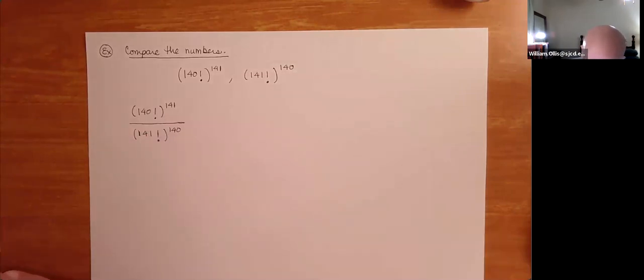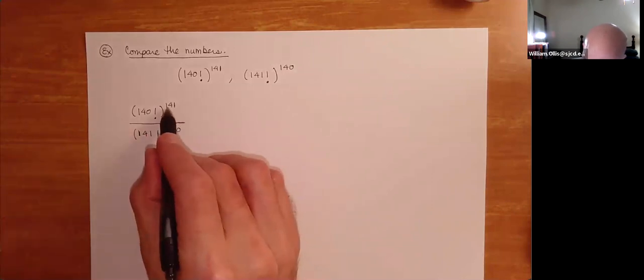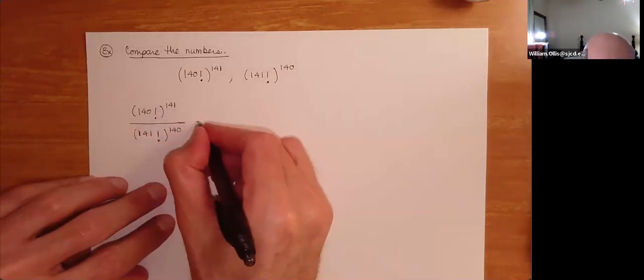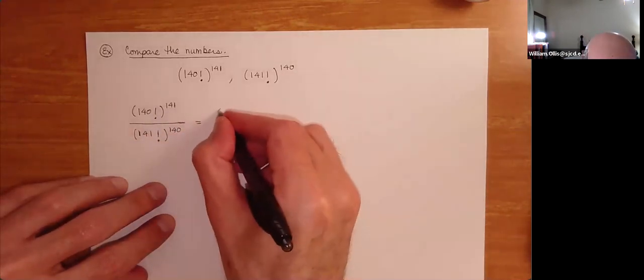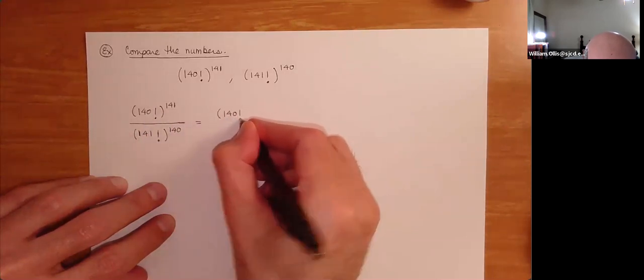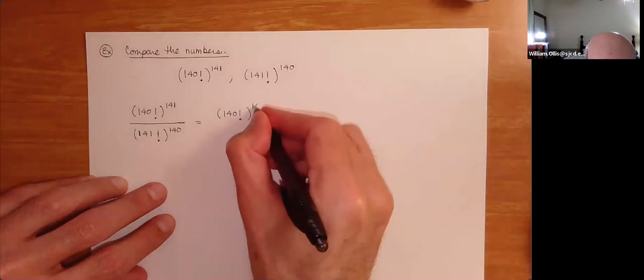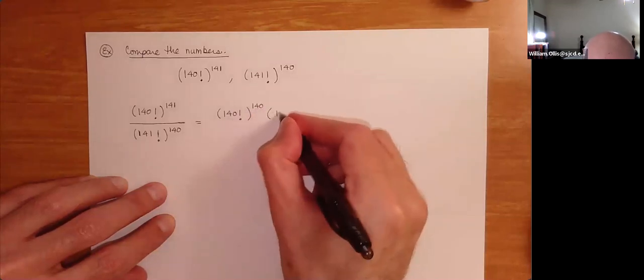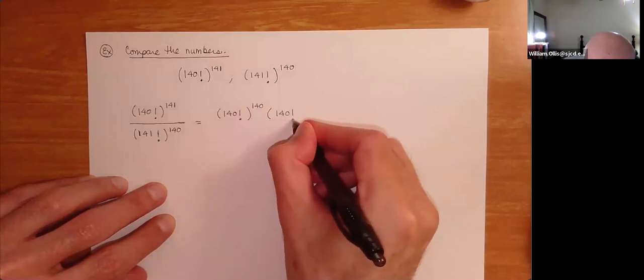Now notice, and this is what makes this simple. With the laws of exponents, we can break this up into a power of 140 plus 1. So let's do that. So this will be 140 factorial to the 140th times 140 factorial, okay?